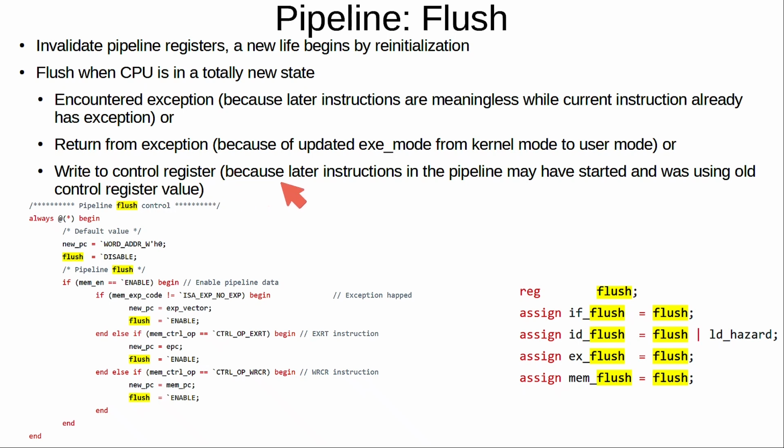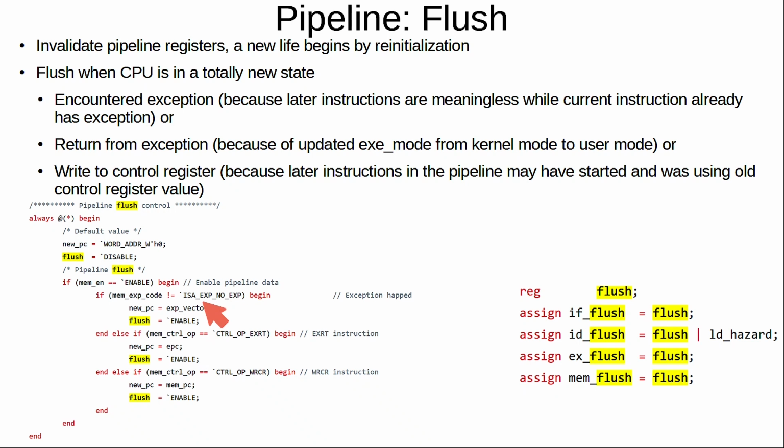Again, this is needed because all of the later instructions in the pipeline may have already started and were using the old control register value. These three scenarios have been shown here in the RTL code.